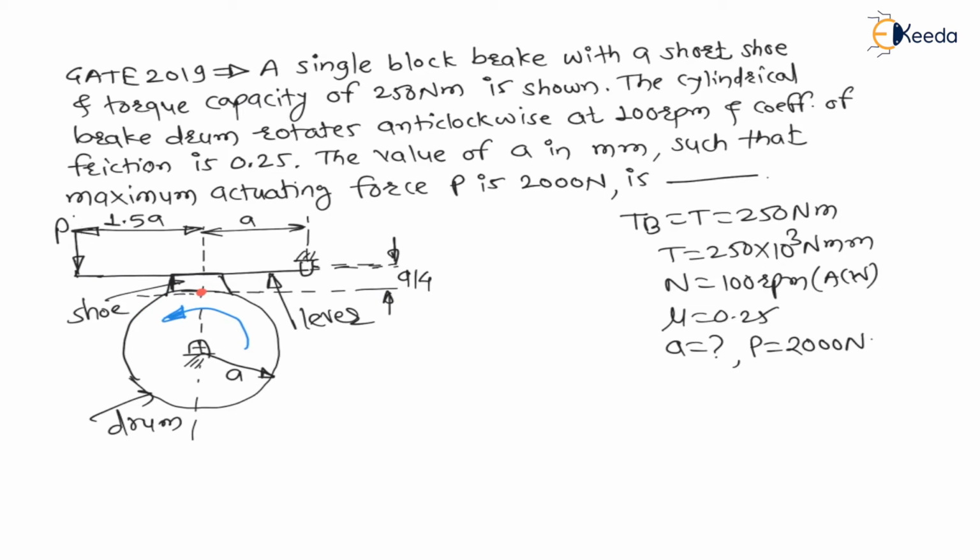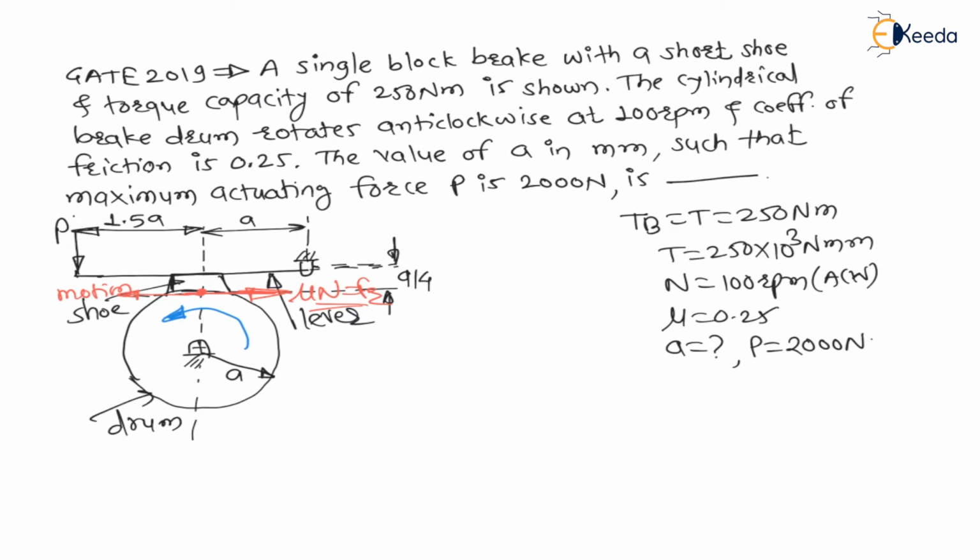Therefore the motion of this point is towards left. Opposite to this motion there will be a frictional force on the drum, mu N, which is nothing but the frictional force.